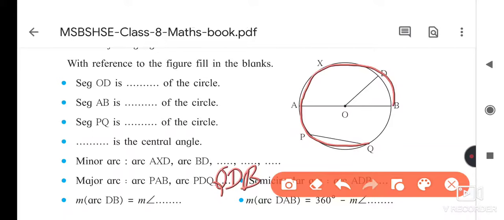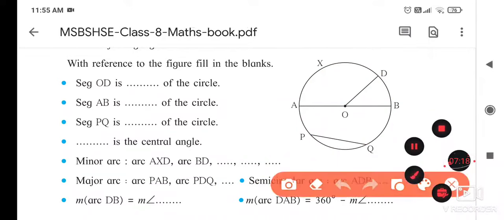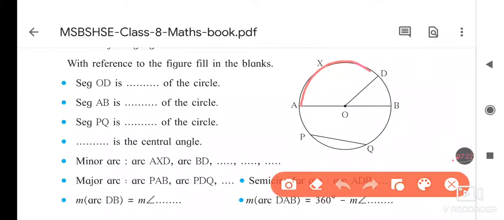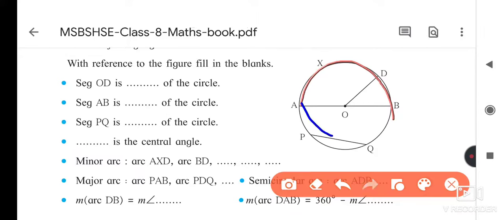After the major arc, we will see the semicircular arc. Semicircular arcs are arcs whose measure is exactly 180. So AXB and APB are the semicircular arcs according to the figure.